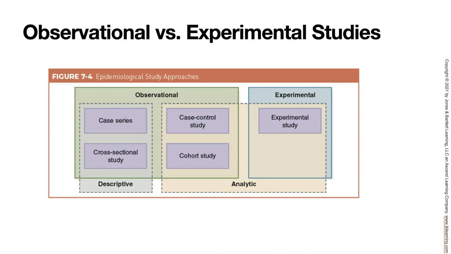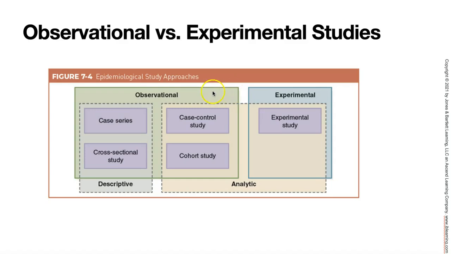So this is our observational versus experimental studies little infographic that we looked at a little bit at the end of last lecture. This infographic divides our study designs into observational and experimental. And remember, experimental studies are the only type of study that fall under the experimental category.